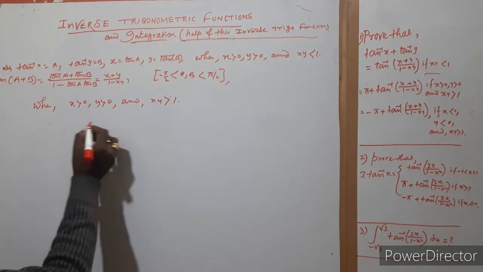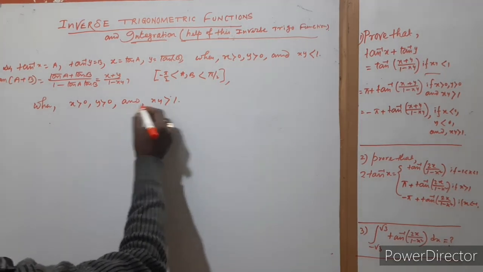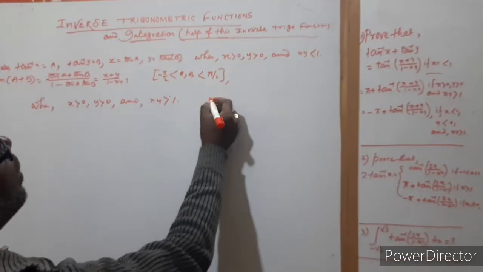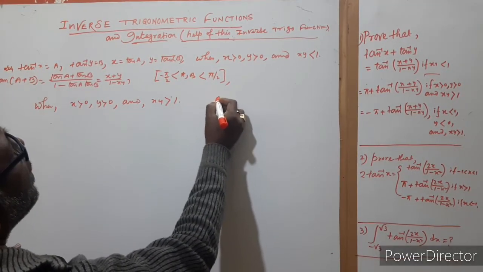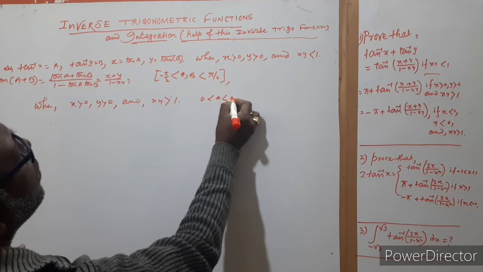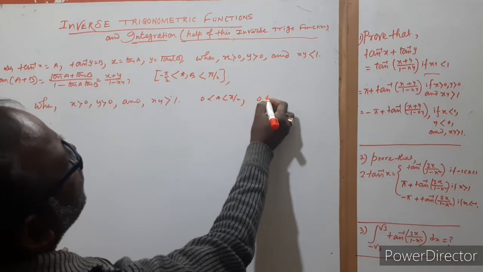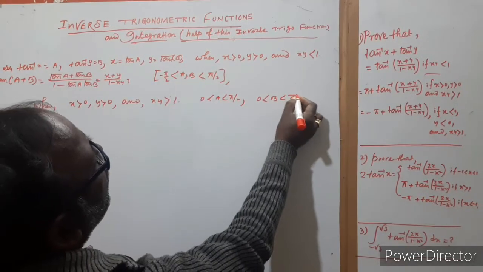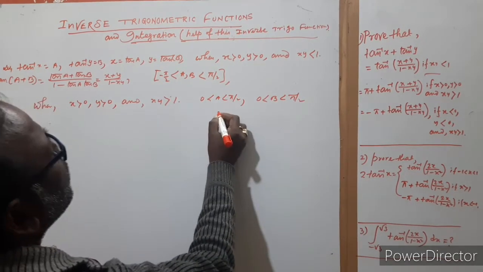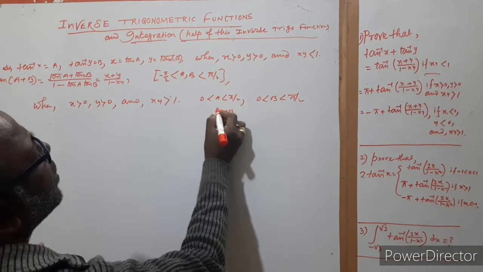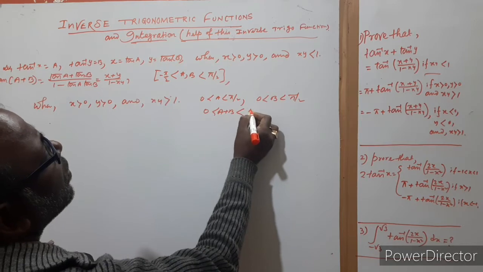So in that case we have to write here that a lies between 0 to 90 and b lies between 0 to 90, and if we add these two, a plus b lies between 0 to pi.